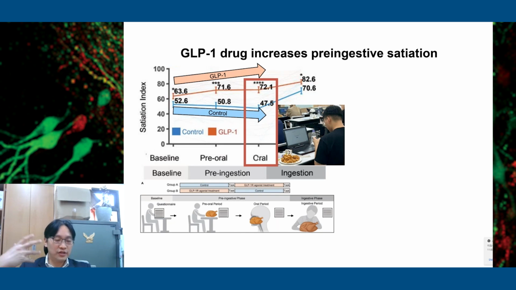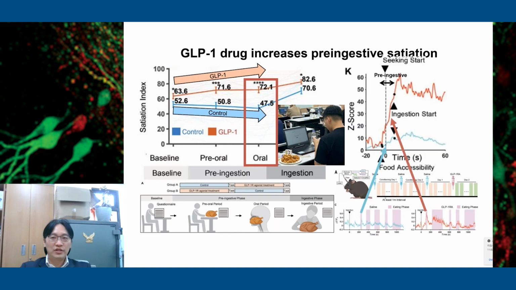That's when they experience food in the sensory way, but there's no swallowing. So we could see this increase in the neural activity, and we did fiber photometry of the same neurons, and we could show that the neural activity increased much faster when they have the drug injection. So before injection and after the GLP-1 injection, the neural activity of this population is much more sensitive to this event.